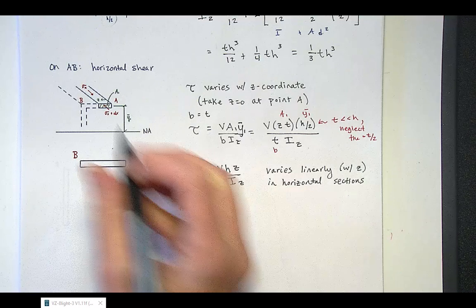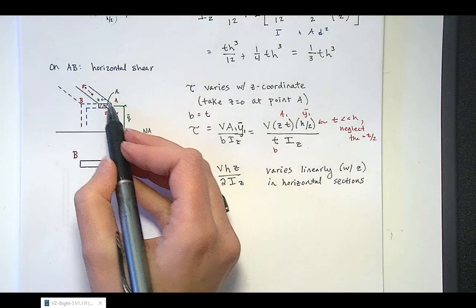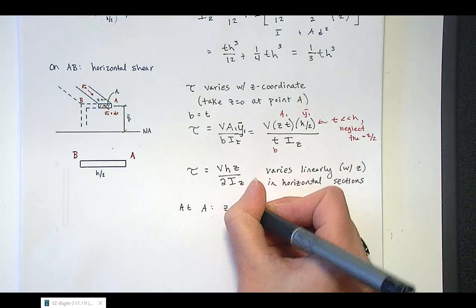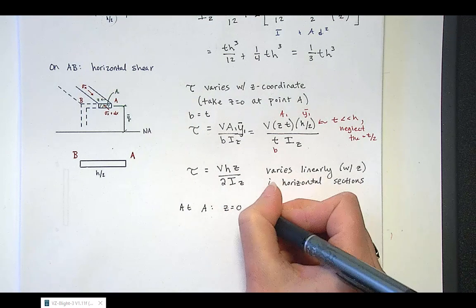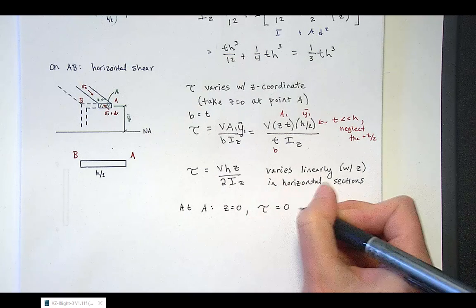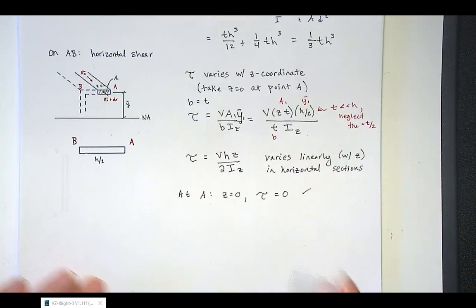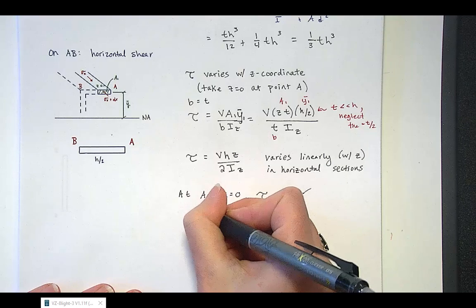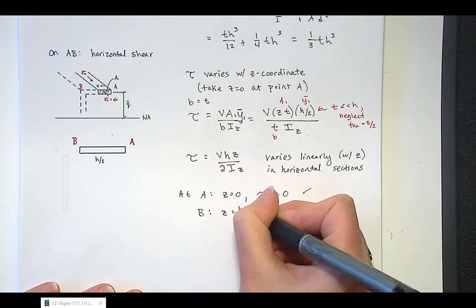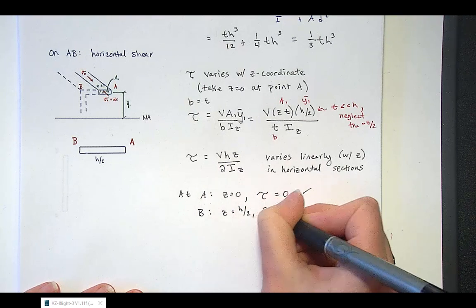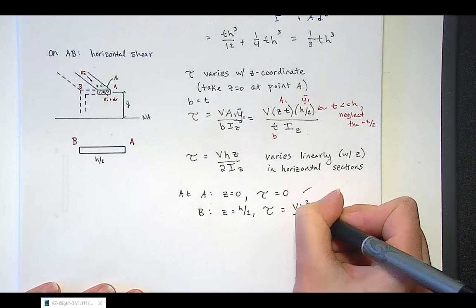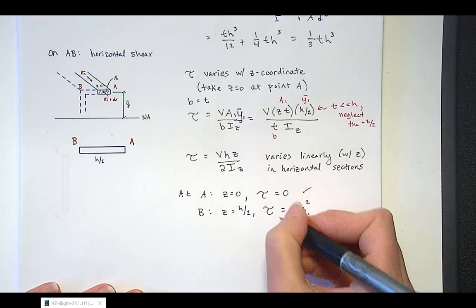Since we took Z as being equal to 0 at A, plugging that into our shear stress equation gives us shear stress of 0, which makes sense. And at B, Z is equal to H over 2. So plugging that in, we get our shear stress is equal to VH squared over 4IZ.